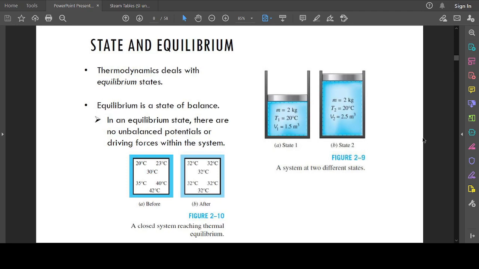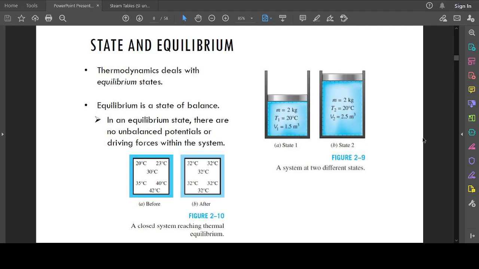So in the case of thermal equilibrium, as given in the example here, example A, you can see that within the system, in this case a closed system, before the system reaches thermal equilibrium, if you take temperature readings at different areas within the system, they will have different temperature readings.